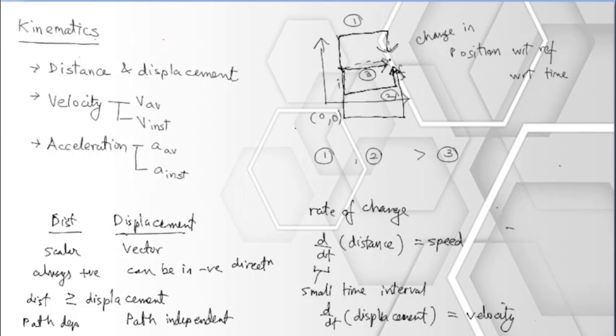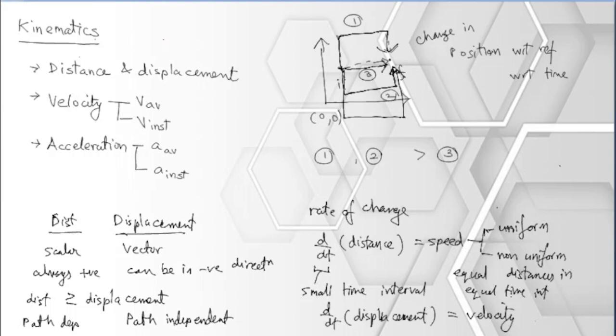So coming back to speed and velocity, then there is the concept of uniform and non-uniform speed. Uniform speed is whenever a body covers equal distances in equal time intervals.